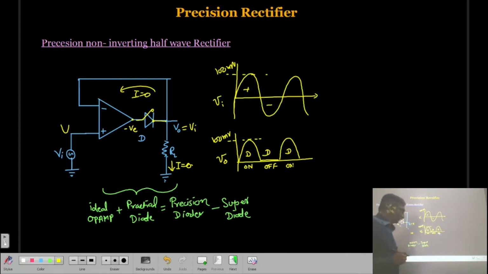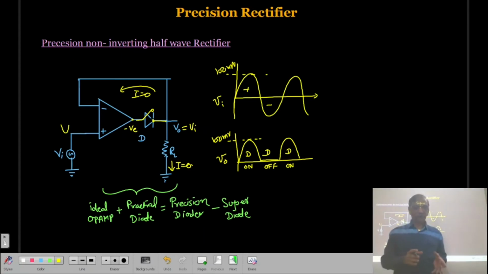Now here remember what kind of disadvantage we have. Whenever the diode is in reverse bias, we have this open circuit. So an open loop will be there, means there is no feedback. So the operational amplifier is in open loop, and with the open loop what will happen? Your op-amp will be in saturation.